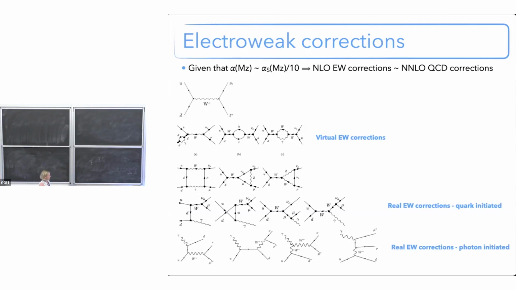The thing that I want to point out is that on top of all this, there are virtual electroweak corrections and real electroweak corrections, that I don't want to enter into, but you have to match what you are doing here with what the experimentalists are doing in the data taking. This is something that has been giving me a headache for a year. And then you have the photon-initiated processes.